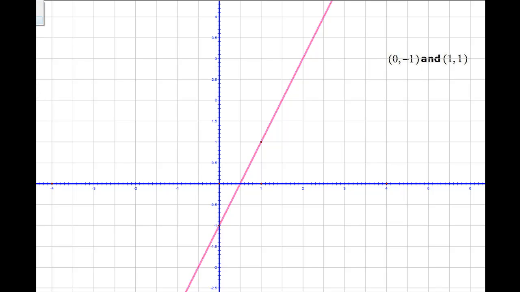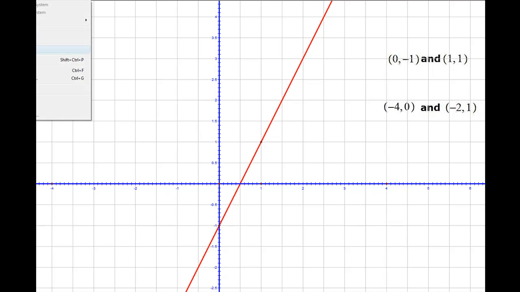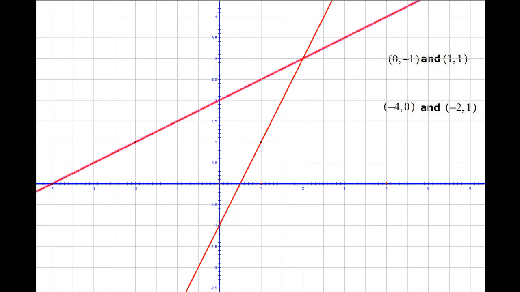Then we are going to connect the points with coordinates of these 2 points to obtain a graph of the second equation. Let's see what they give us. We got negative 4, 0, then we will get negative 2 and 1. So we will go ahead and connect these.